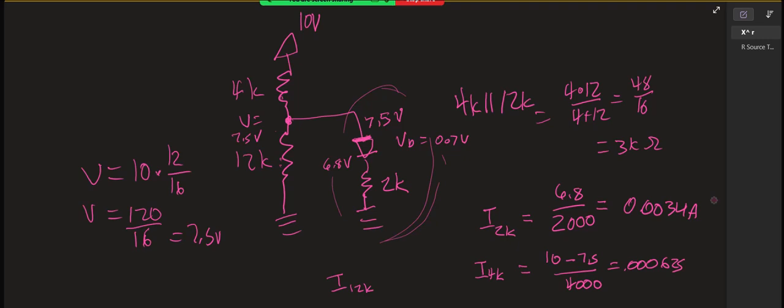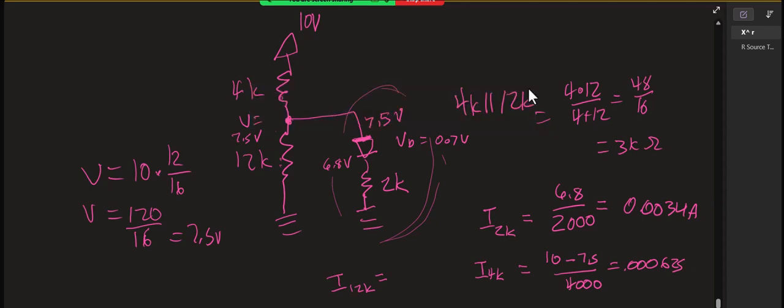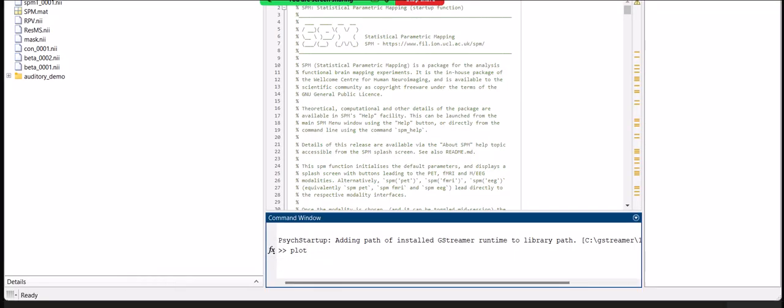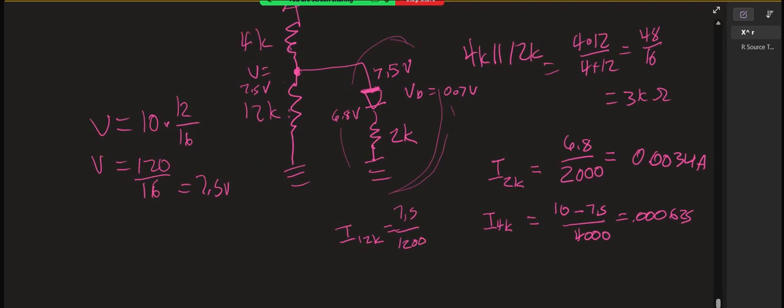And the current through the 12K resistor will be 7.5 over 12,000, which is .00625 amps.